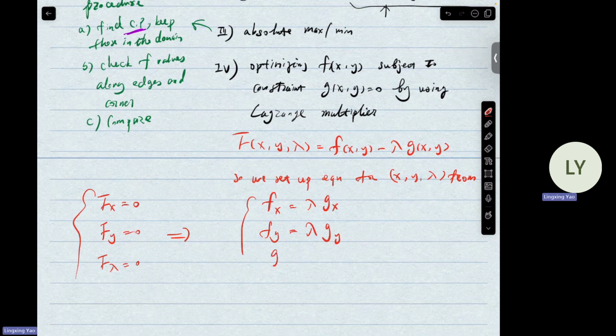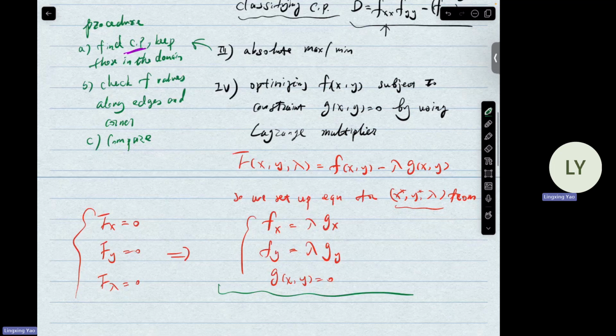And the last equation will be g of x y equals 0. So we solve for x, y, and lambda, and then we check the function value at those x, y. We can put x star, y star here to indicate that we need a pair of values for x and y.